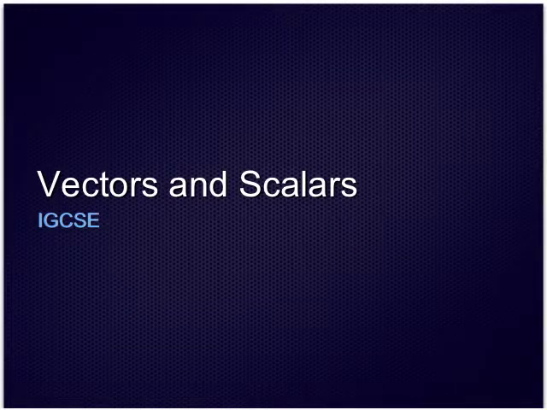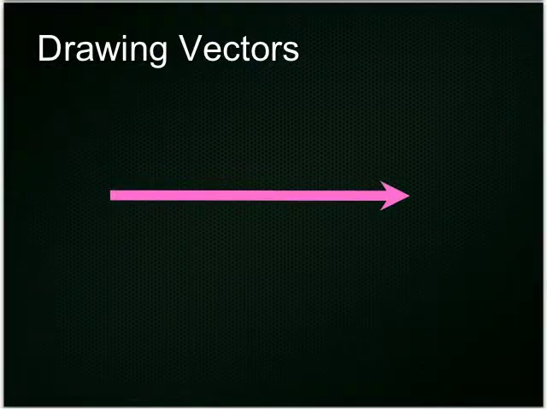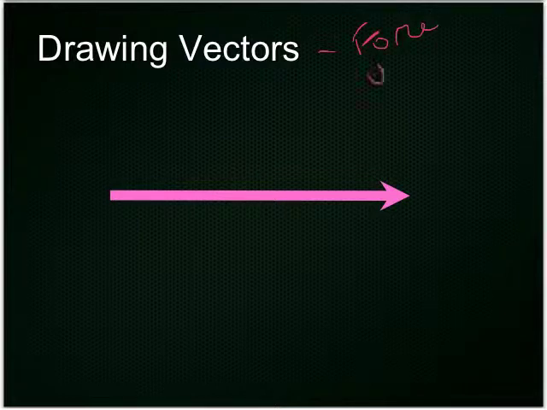Okay, so this is video 2, vectors and scalars. So when we look at a vector, we'll be representing something like a force, velocity, and so on. Anything that's a vector you can represent with an arrow.